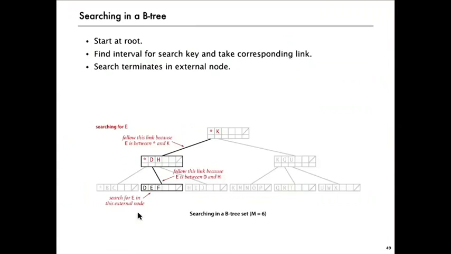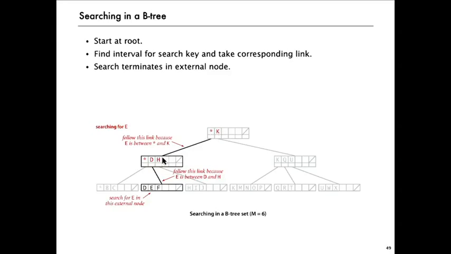So the search is just the same as we've been doing, just generalized. There's a list of keys at every internal node, and then links for every key that give you a place where your key would have to be. This link is for all the keys in the B tree that are between this key and the next one.